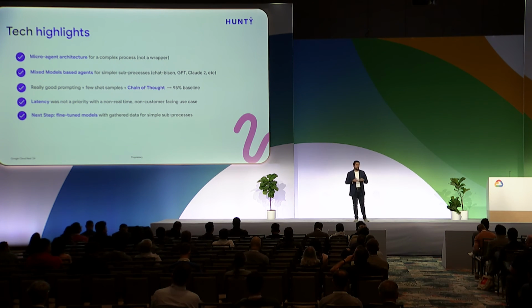You have to use mixed models for each agent. You already have a lot of options in Vertex AI, in the Model Garden, and in the market. So you need to understand that the same model is not going to work for each one of the steps if you are trying to replace a complex process. That is what happened to us.